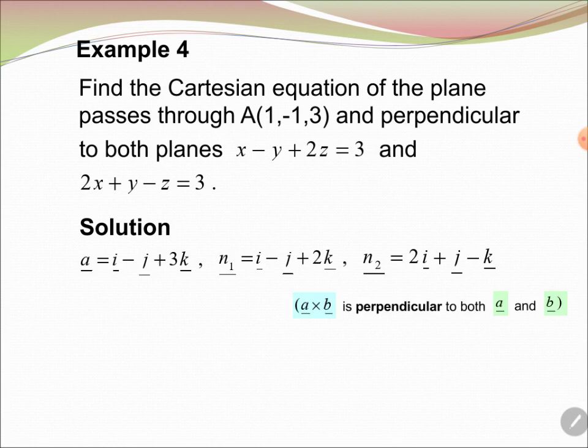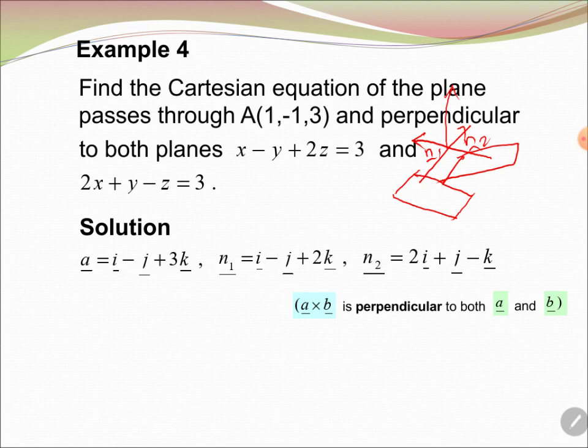Okay, if the plane is perpendicular to those two planes, let's say we have these two planes, right? These two planes have their own normal vectors. So to find the vector that is perpendicular to both vectors, we have to find the cross product between the two normals, n1 and n2.